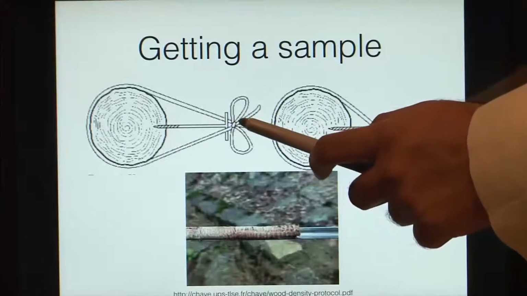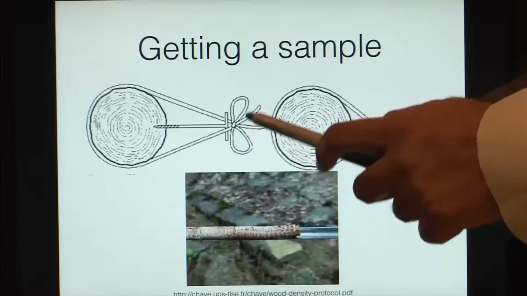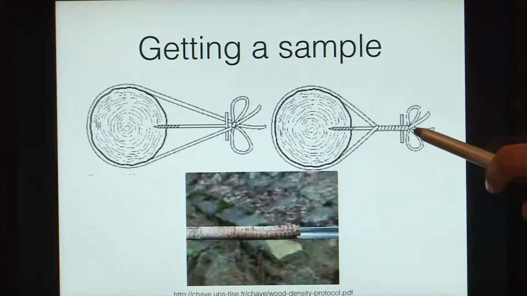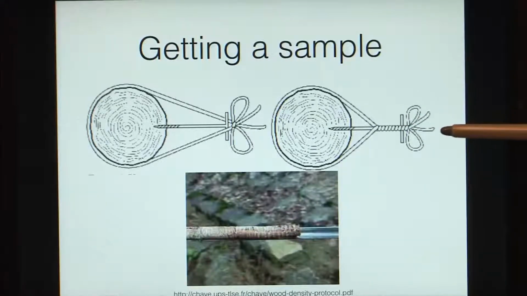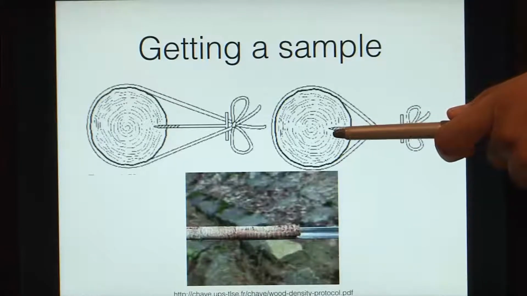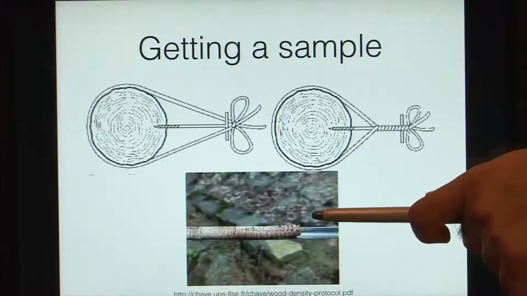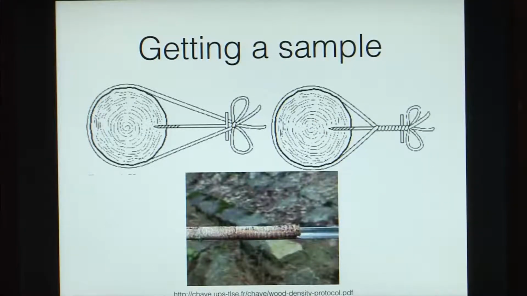When you turn the borer, the string gets turned around the borer like this, and it exerts a pull towards the tree. So, your borer will go on penetrating the tree with each turn, and this is a picture of a sample that has been received from the borer.